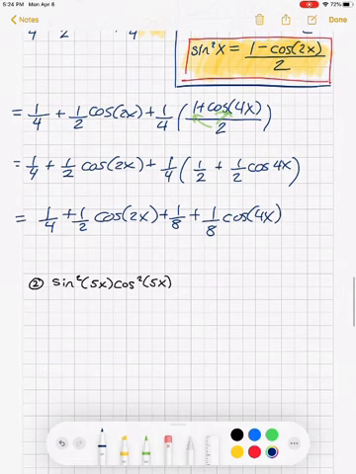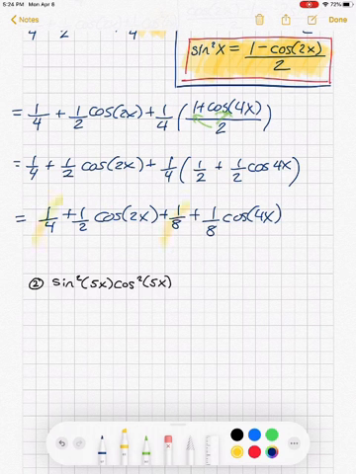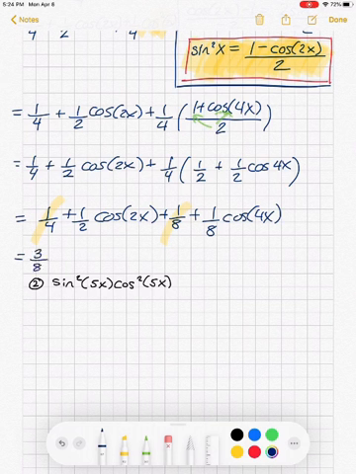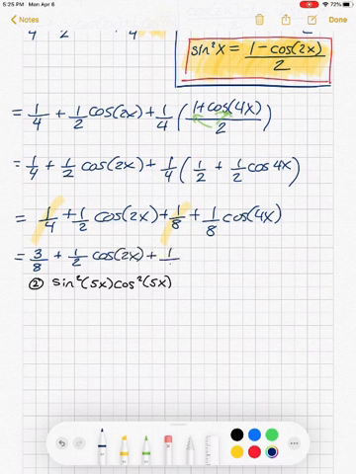And then I guess I have these like terms: 2/8 plus 1/8, so 3/8. First power there and first power here.